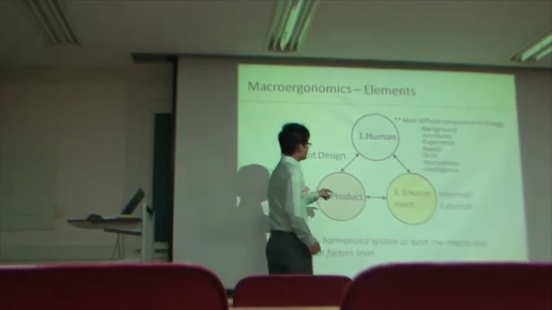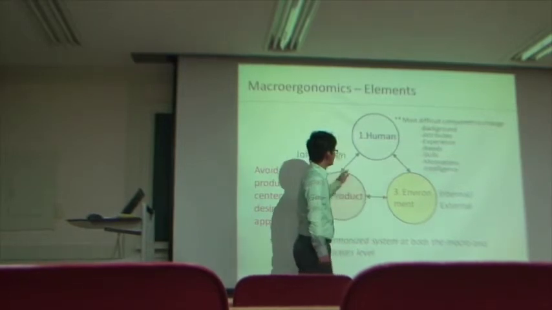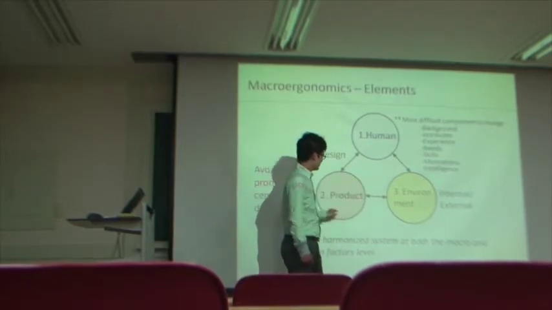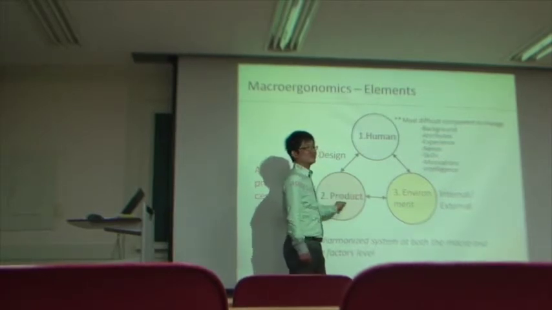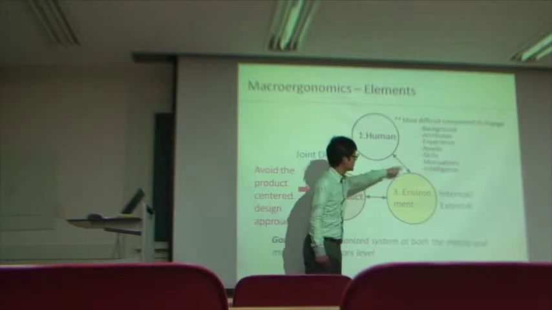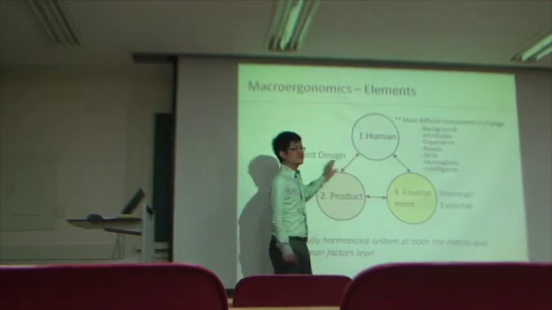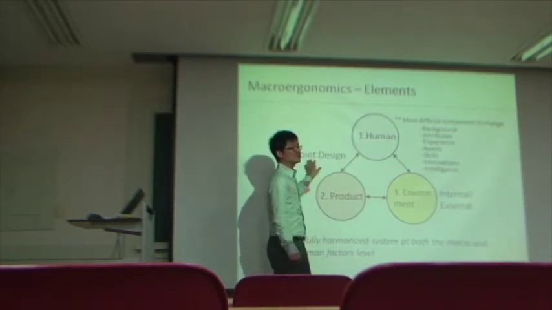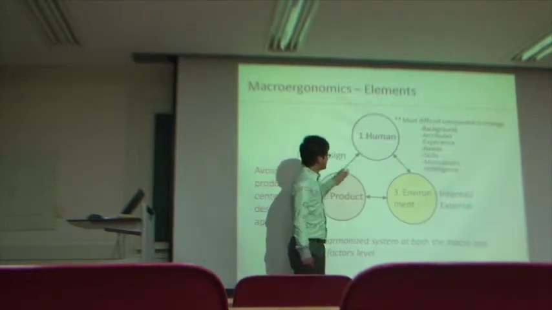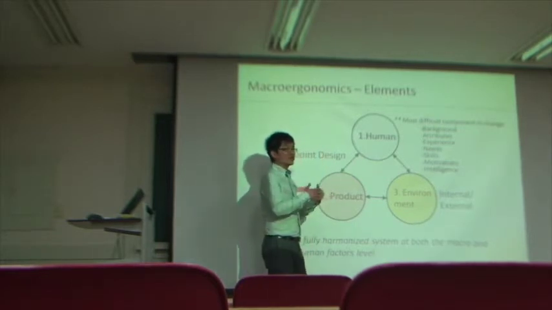So if you look here, we are not only designing the circle, we are also designing the interactions. In macroergonomics, this is called joint design. So how can we design in a way that these two components match very well?